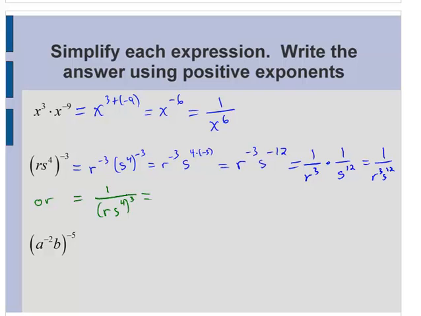Now, using our rules for exponents, we would have 1 over r to the third, s to the fourth to the third. And using the same principles as in the other example, we'd have 1 over r cubed s to the 12th. Either approach works, so use what works best for you. I'd like for you to pause and try the next exercise on your own.